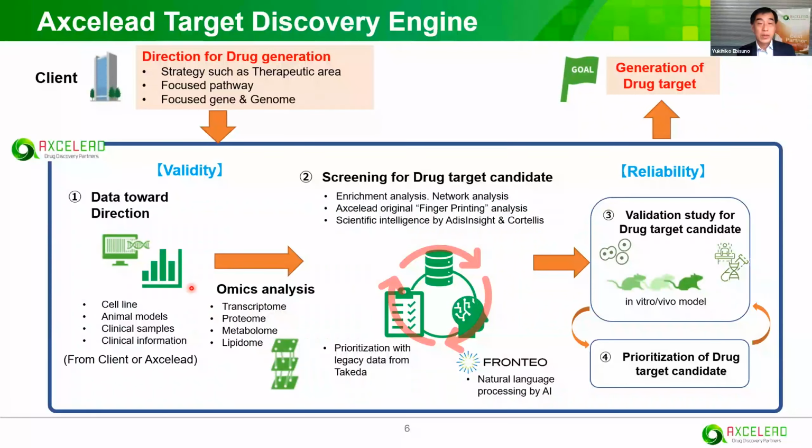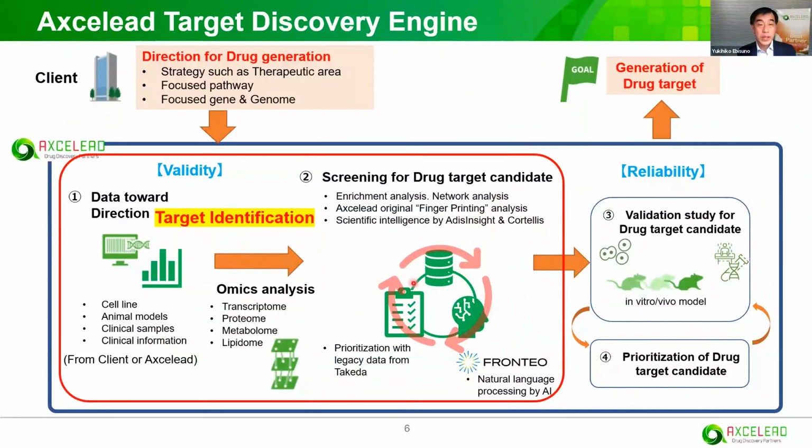After we receive the data, we make a drug candidate list using enrichment analysis or network analysis, or we can use the Axcelead original fingerprinting analysis. Additionally, we can approach using the development status with Cortelis.